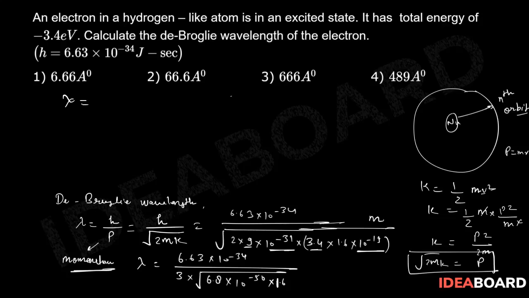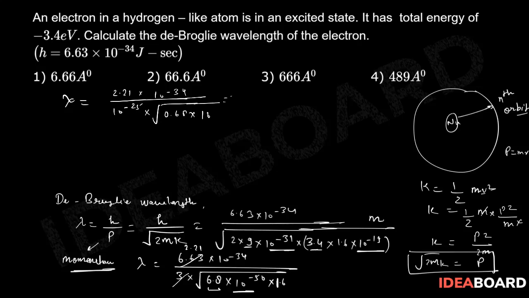Lambda is going to be 2.21 into 10 to the power minus 34 divided by 10 to the power minus 50, which can be written outside as 10 to the power minus 25. If you assume this is 0.68, then this can be written as 16.